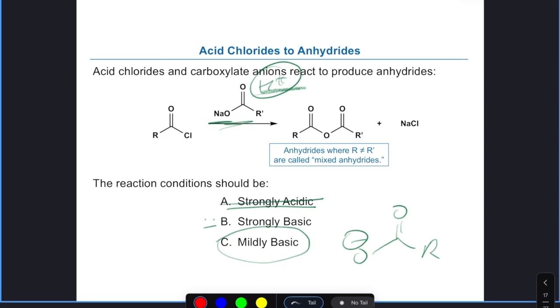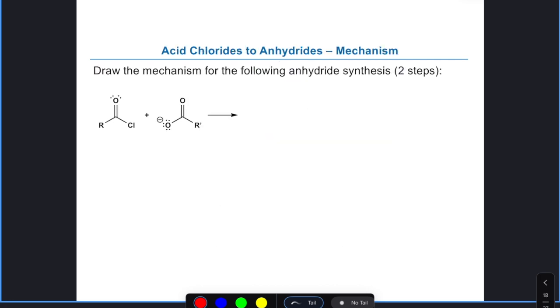So the way that this mechanism is going to go, I start off with my negatively charged species. I'm going to attack my group. Remember, the chloride is going to be polarizing that center, making a powerful electrophile. My acetate anion is going to end up being my simple nucleophile here. So that's going to give me O-. Your leaving group, your chloride, is still attached for right now.